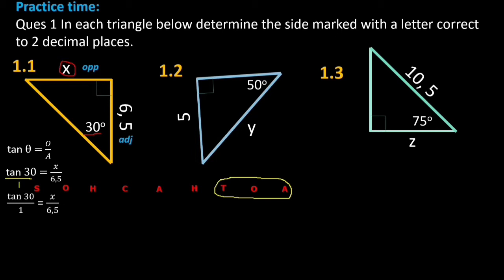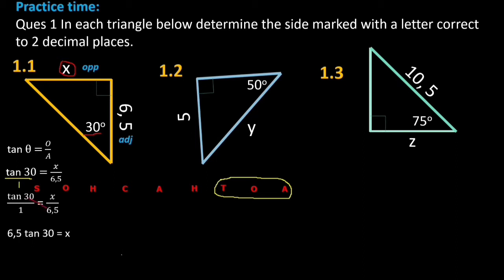What you're going to do in the next step is to cross multiply the numerator times the denominator. The numerator on the left times the denominator on the right. Numerator on the right times the denominator on the left. This will give us 6,5 tan of 30 is now equal to x.